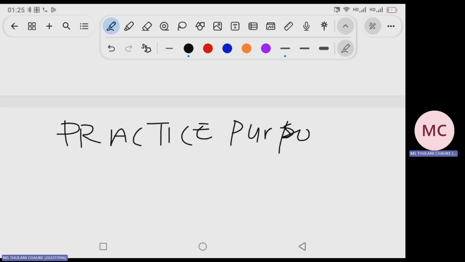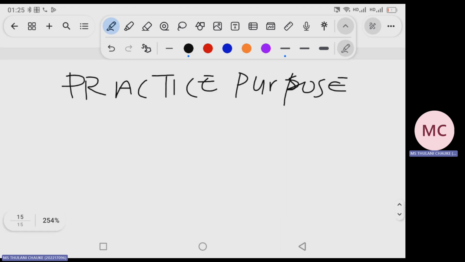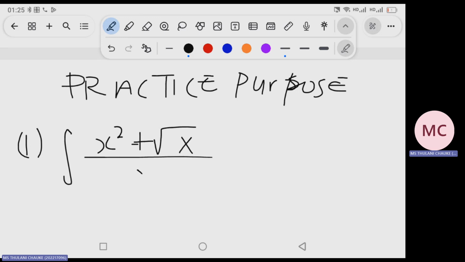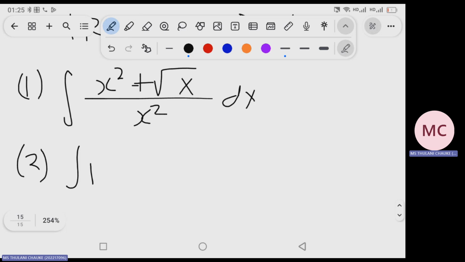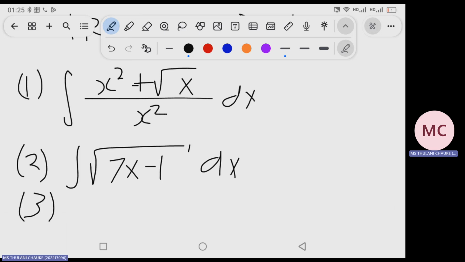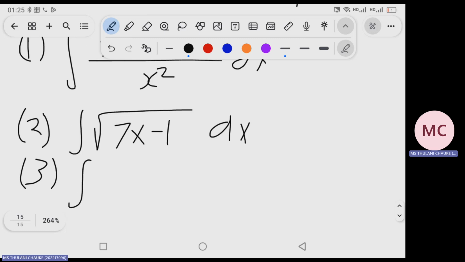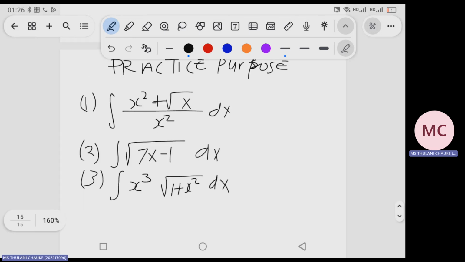Because we've already done a lot of things on integration, but you can just go and integrate this one, x over x squared dx. Integrate this and do this one, the integral of x cubed root of 1 plus x squared dx. Those 3.